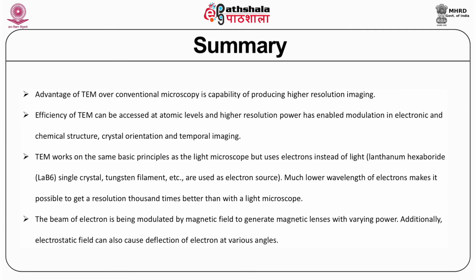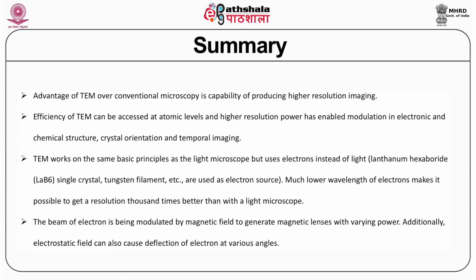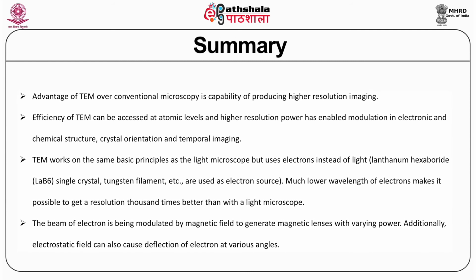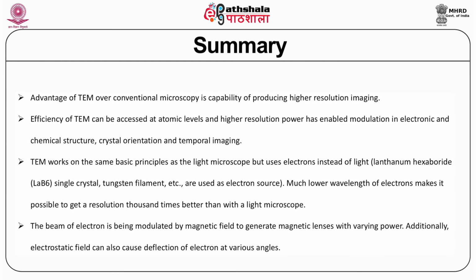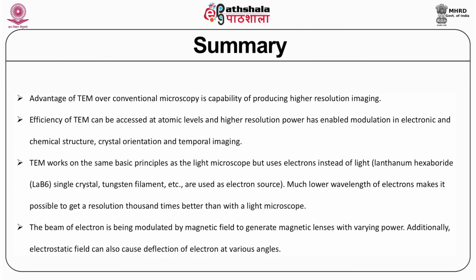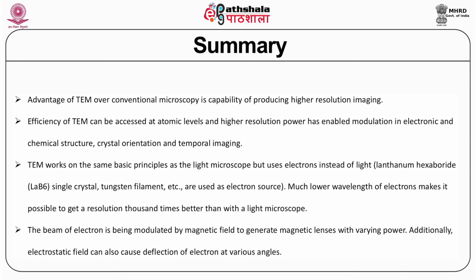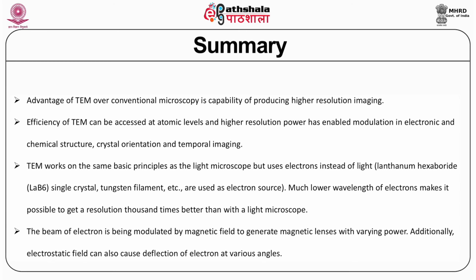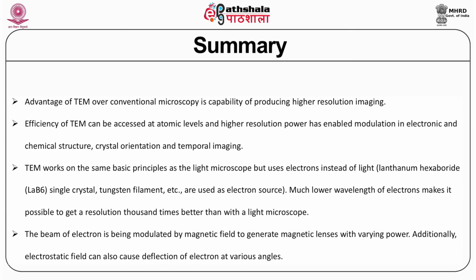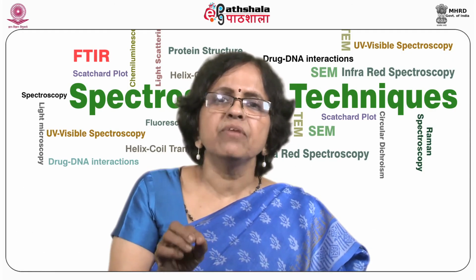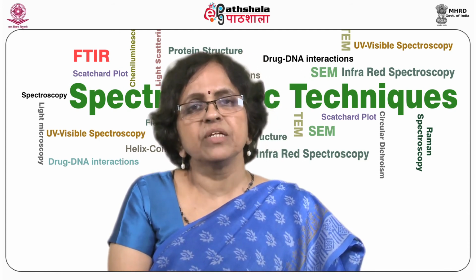The much lower wavelength of electrons makes it possible to get a good resolution, which is 1000 times or 100,000 times better than that of a light microscope. The beam of electrons is modulated by the magnetic field to generate magnetic lenses with varying power, and additionally the electrostatic field can also cause deflection of electrons at various angles, and that is exactly what gives the different structural details of the sample.